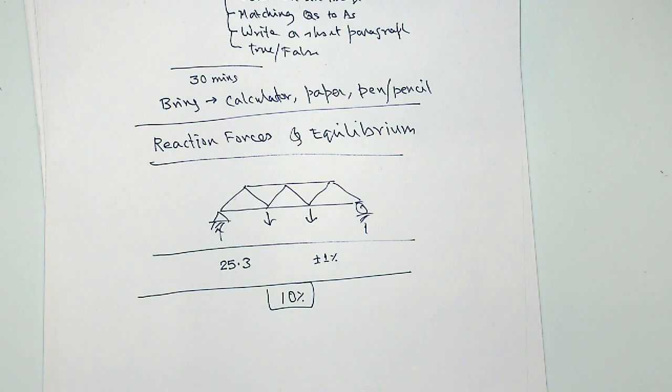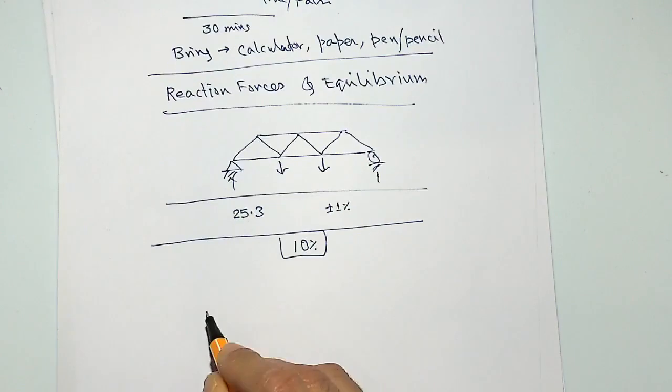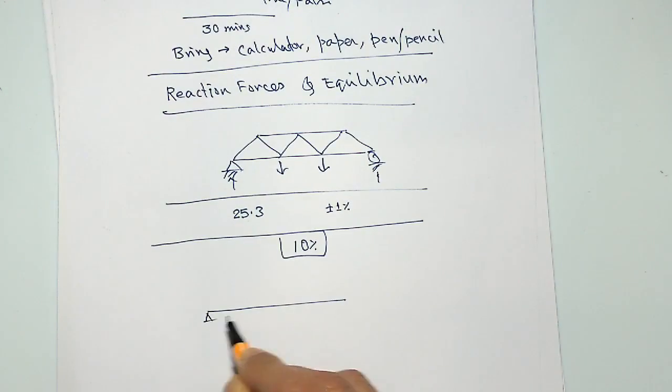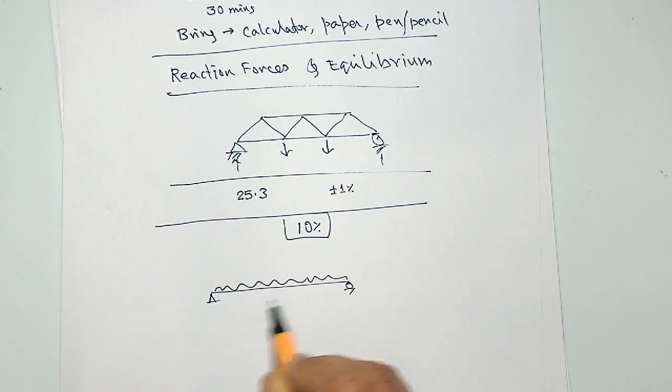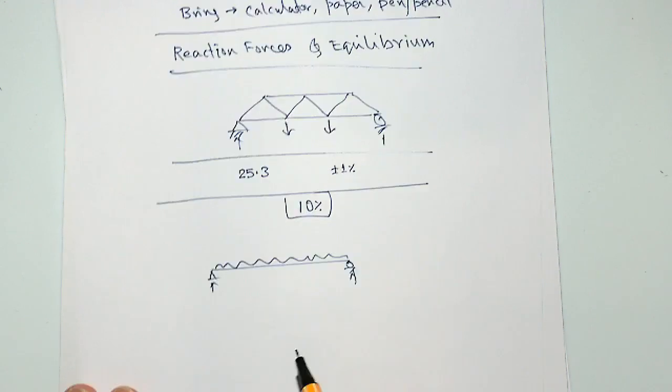In terms of the practice questions, if you do tutorial 1, that's the type of problem that you will be looking at, and the type of problems that we did in the tutorials two weeks back. So it will be similar to that. For example, if you have structures like this, and a uniformly distributed load, how can you calculate the reaction force?